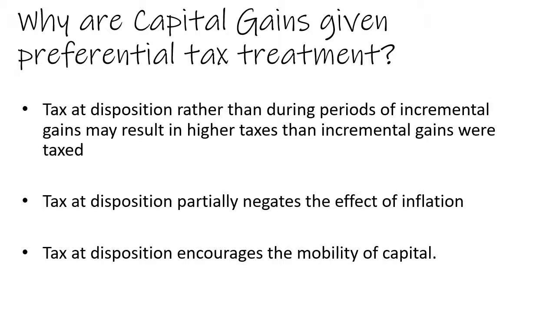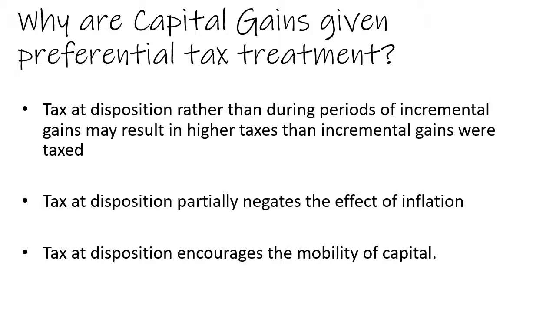Second, taxing when you dispose of the assets can negate the effects of inflation. Some gains are merely a function of the rising cost of living. By taxing at final disposition, it helps to assure that assets are being sold in the interest of making a profit or avoiding future loss.